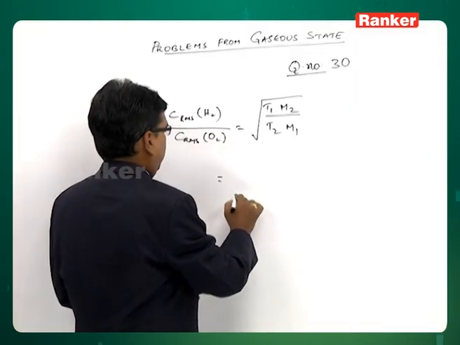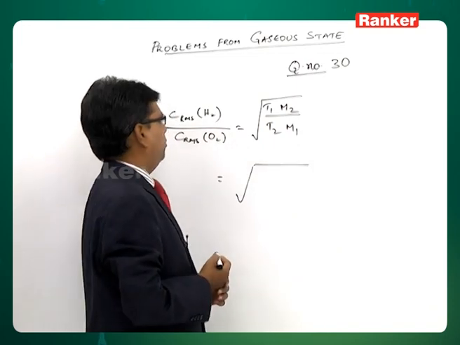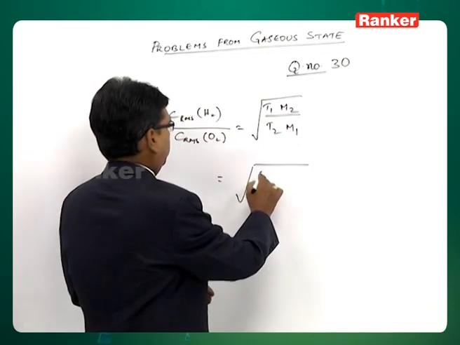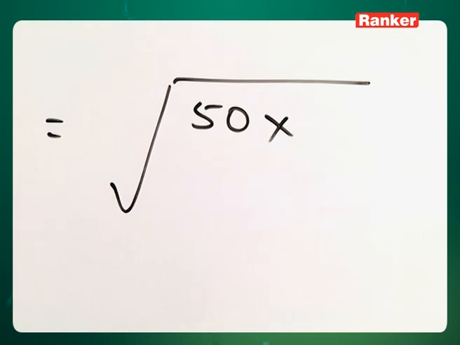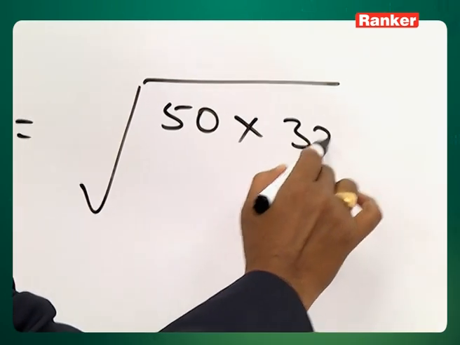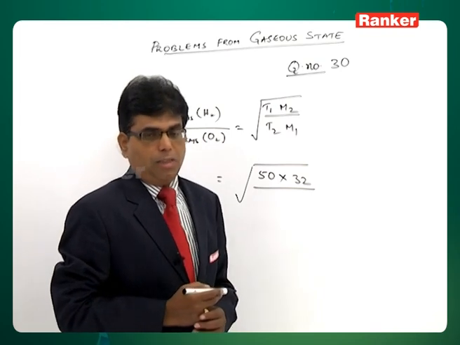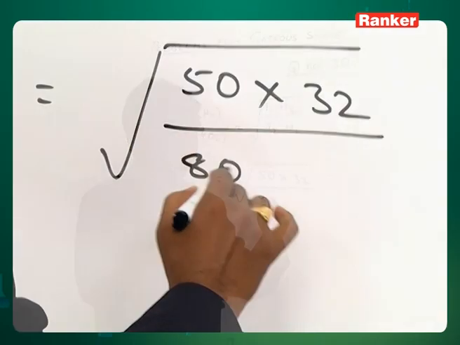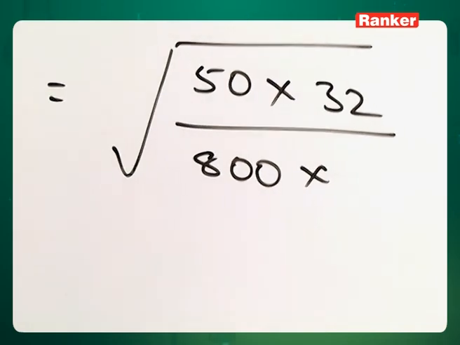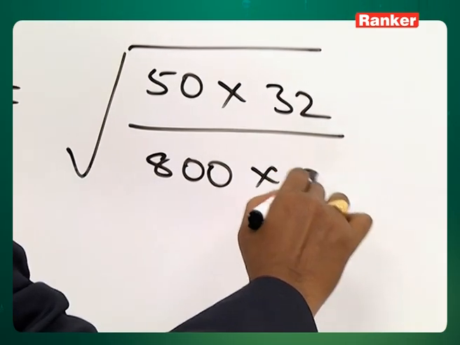That means T1 is the temperature of hydrogen, that is 50 Kelvin, M2 is the molecular weight of oxygen, that is 32, by T2, the temperature at which oxygen is taken, that is 800, into the molecular weight of hydrogen, that is 2.